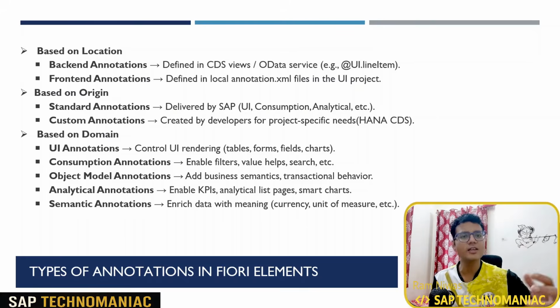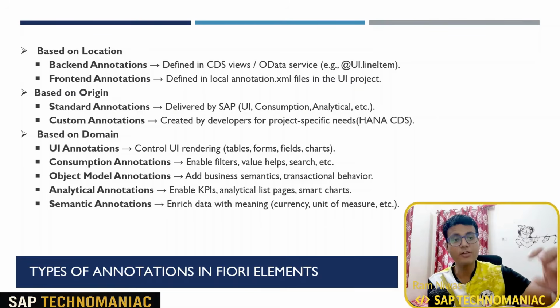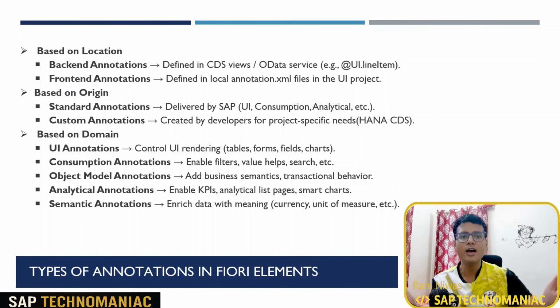Whatever is available as backend annotation we can utilize. If it is not available, we can create the front end annotation to overcome this, and add those annotations in the front end instead of the backend, and then create our application. So these are the different scenarios where we have to use backend annotations and front end annotations.